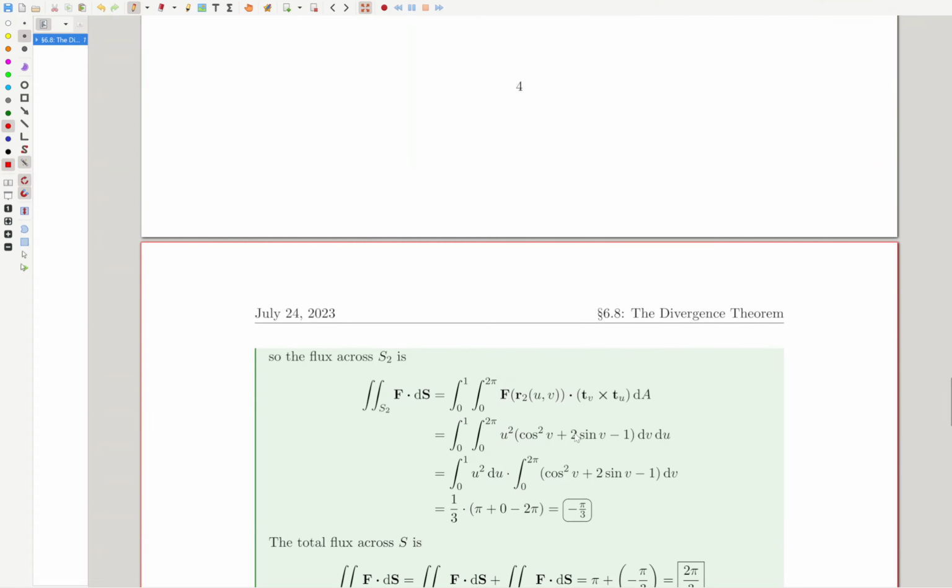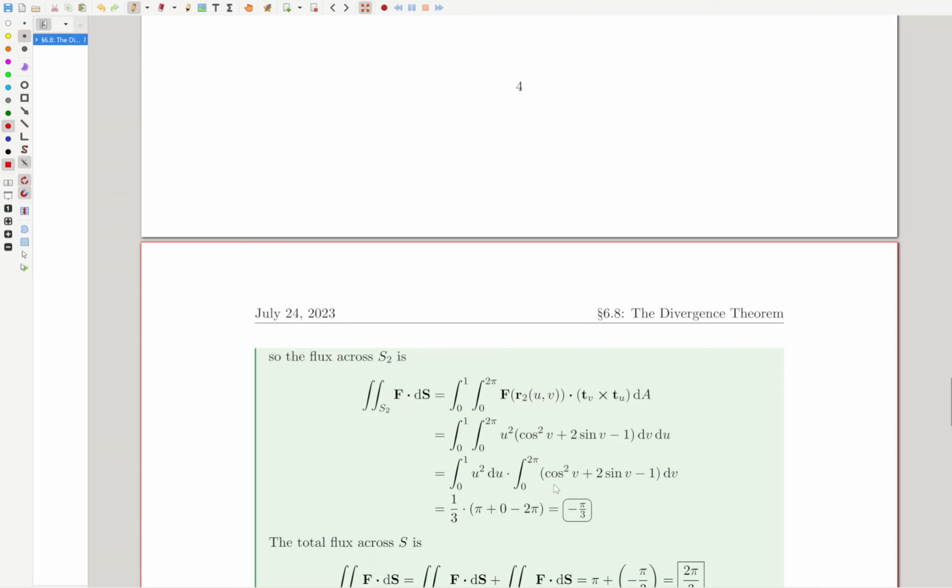That got inserted here. And you can see this is a product of two functions, a function of U and a function of V. So we can split this double integral into a product of one-dimensional integrals. This integral is straightforward.